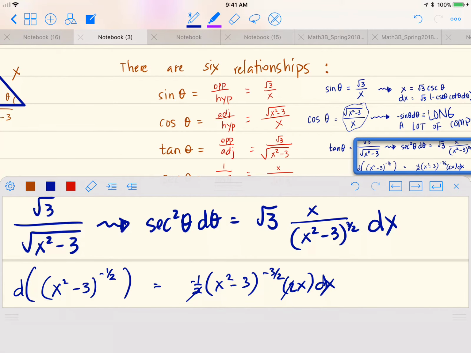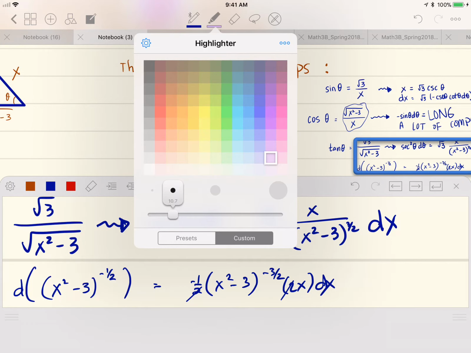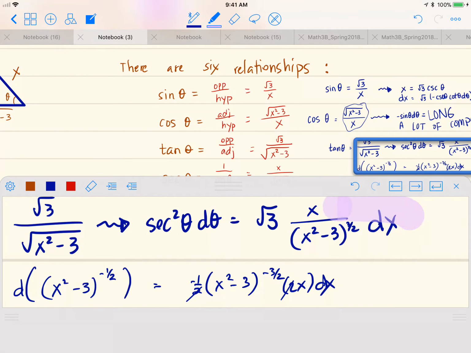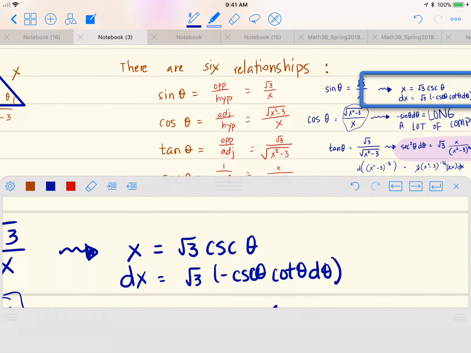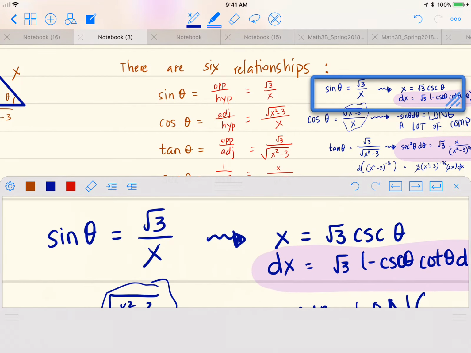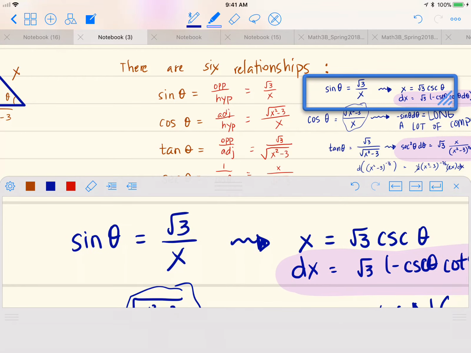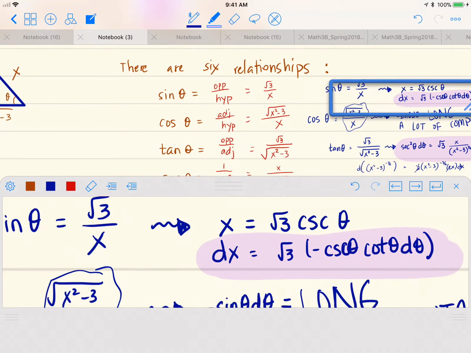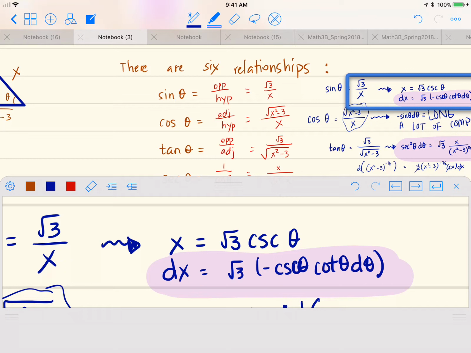Can you see already how this relationship here is more complicated than this relationship here? It's easier to go from x equals, because what did I do over here? I started off with sine theta equals root 3 over x, and then I rewrote it as x equals root 3 cosecant theta, right? dx equals blah, blah, blah.